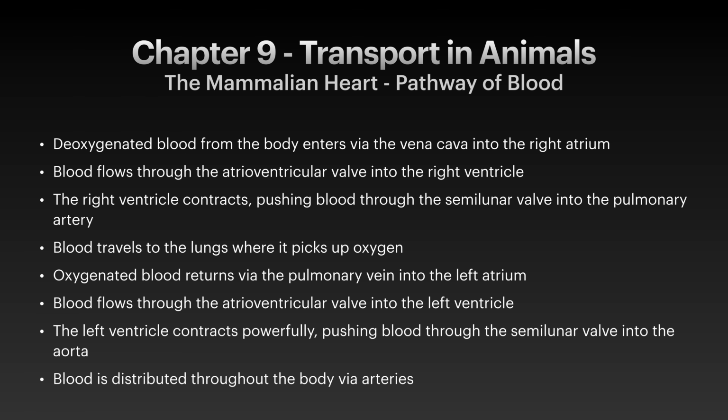Blood then travels to the lungs where it picks up oxygen. Oxygenated blood returns via the pulmonary vein into the left atrium. The blood flows through the atrioventricular valve into the left ventricle. The left ventricle contracts powerfully, pushing blood through the semilunar valve into the aorta. Blood is then distributed throughout the body via arteries.